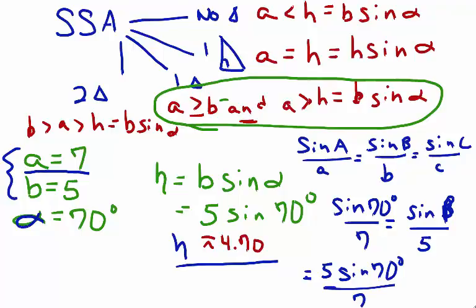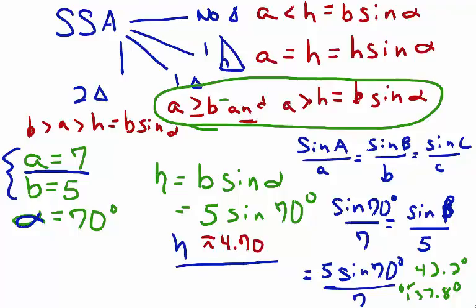And as it turns out, there are two angles between 0 and 180 degrees for which sine of B, or beta, is equal to 5 times sine of 70 degrees divided by 7. Those angles are 42.2 degrees or 137.8 degrees.